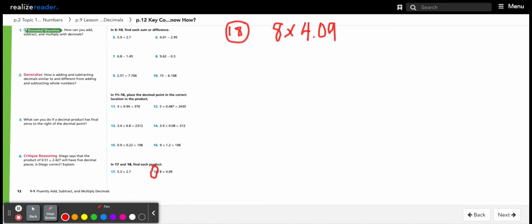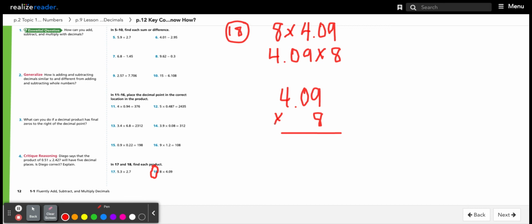So we can have 8 times 4.09 or 4.09 times 8. I normally like to have, if there is a number that has fewer digits, I personally like to put that number on the bottom. So now I have 4.09 times 8.